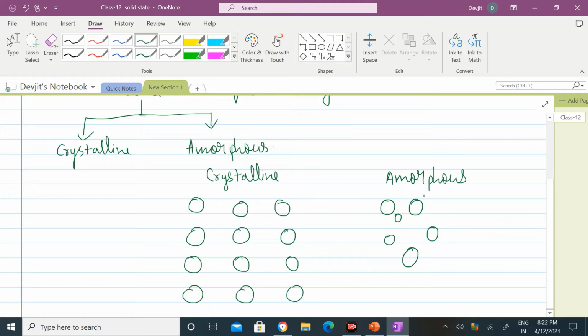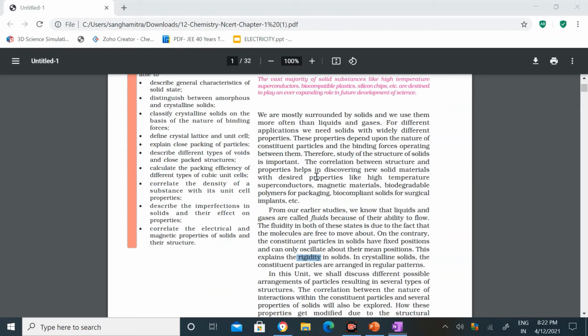When the atoms are closely packed due to high intermolecular force of attraction, but no pattern is followed, we say it is an amorphous solid. And when a pattern is followed, we say it is a crystalline solid. I hope this point is very clear to everyone.